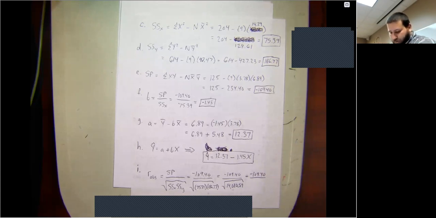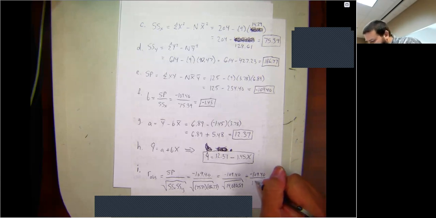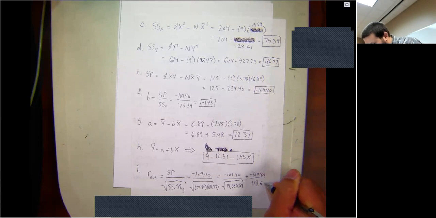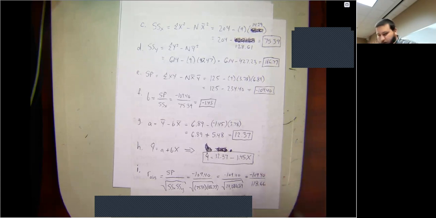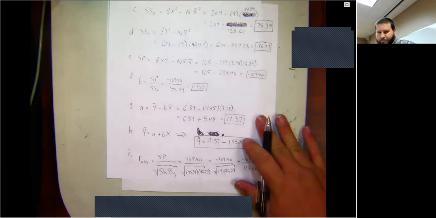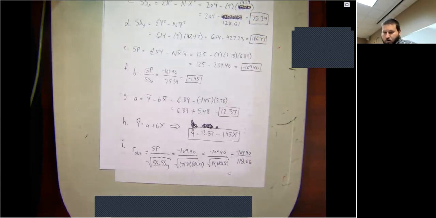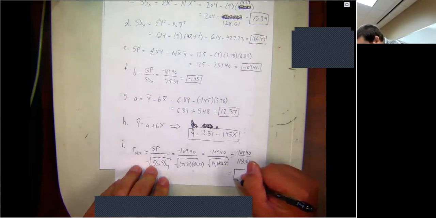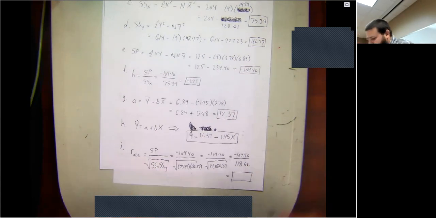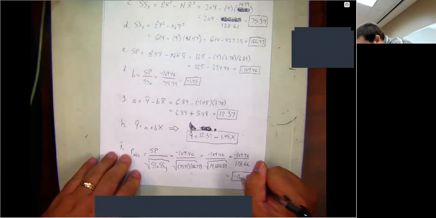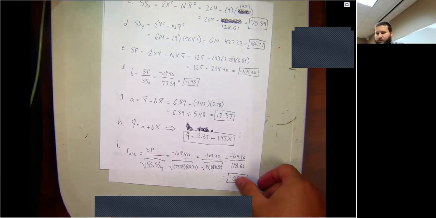And if we take the square root of 14,080.59, we get 118.66. If you take negative 109.4 and divide by 118.66, then the correlation, the relationship between these two variables, is negative 0.92. So a pretty strong negative correlation, right? Very strong negative correlation between these two variables.